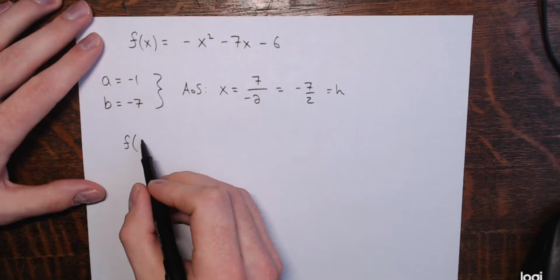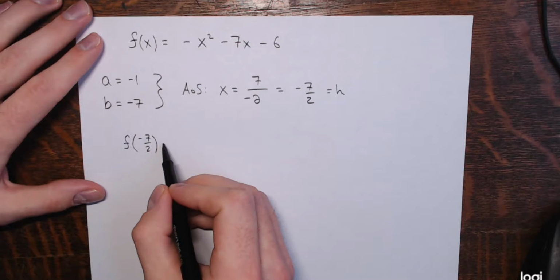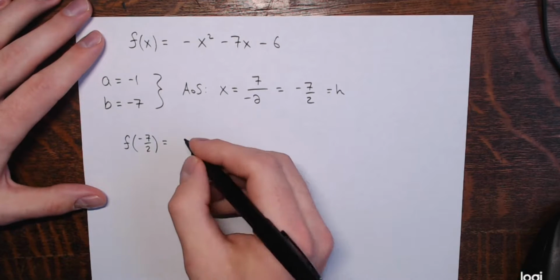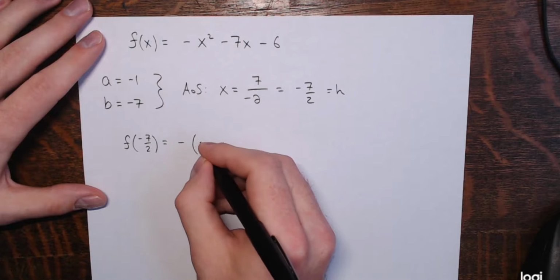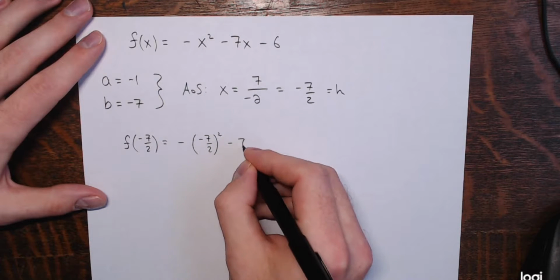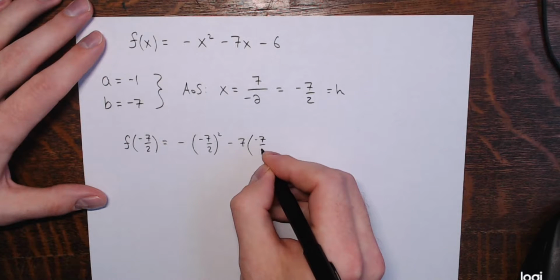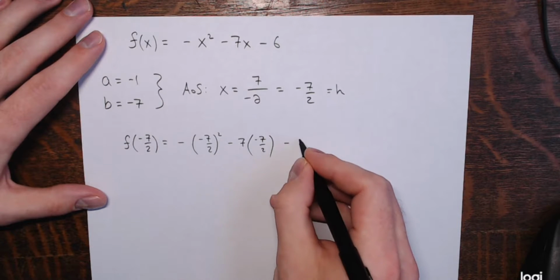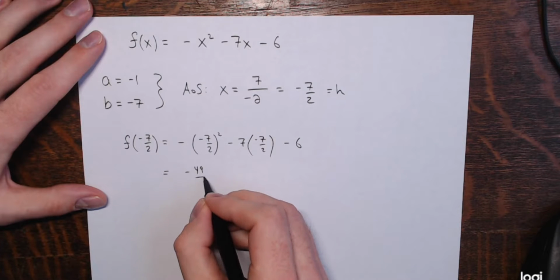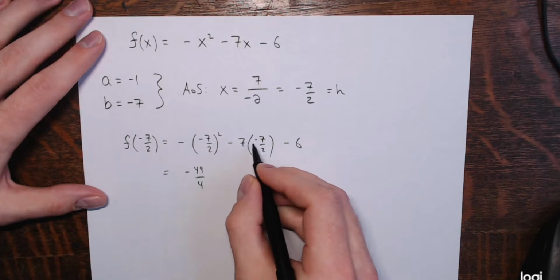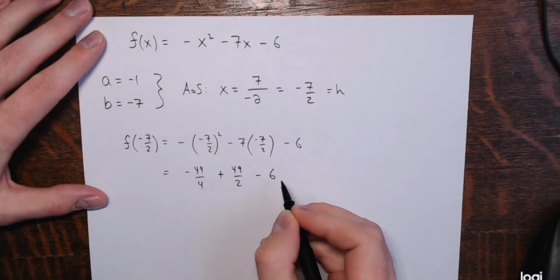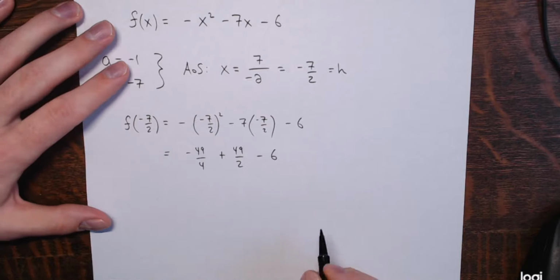What is f of negative 7 halves? This will give me the value of k, the y value of the vertex. So this is negative 1 times negative 7 halves squared, minus 7 times negative 7 halves, and then minus 6. Okay, so we have negative 49/4 plus 49 halves minus 6, and I'll get everything to have a denominator of 4.